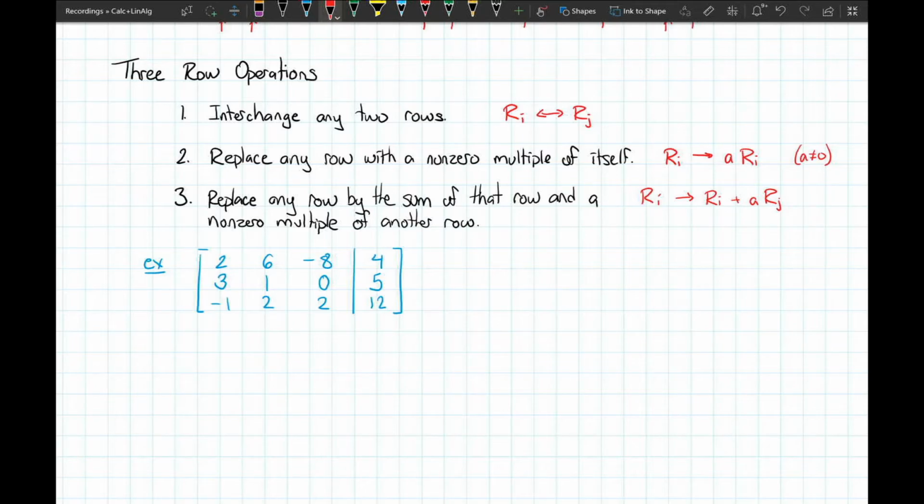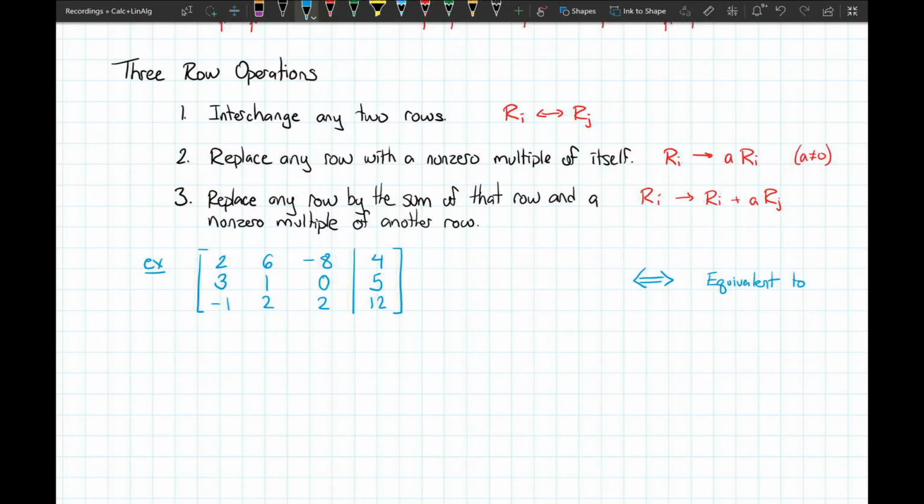So let's see what interchanging rows would look like. Whenever we do one of these operations, we get an equivalent matrix. And rather than using the equal sign, it might make more sense to use an equivalent sign. This symbol, not just an equal sign, but with the arrows on both sides, would mean equivalence, or is equivalent to.